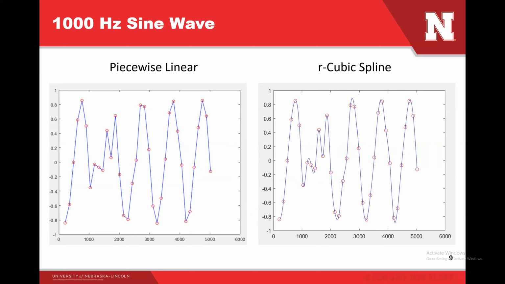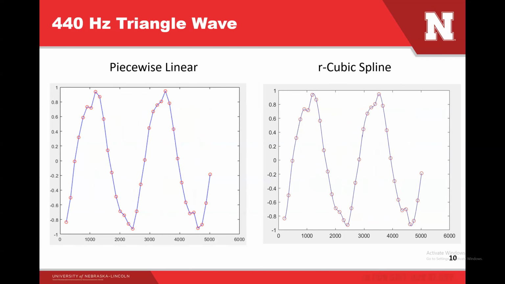Both of them have generally the same shape, which is a positive for both our methods, but not in practical use in terms of what the actual wave being outputted is. But once again, R-cubic spline wins out here to show a much smoother curve.